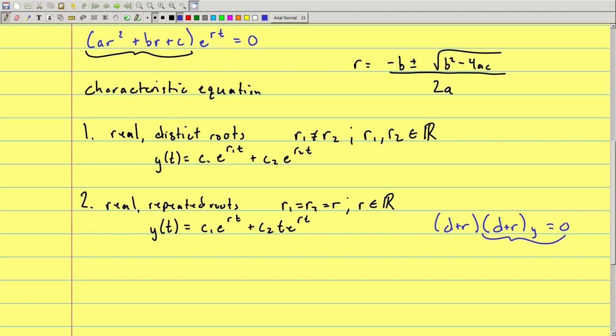After we solved that, we went through and solved the equation where we replaced this with v and then turned the right hand side into what the solution to the other equation was, in this case e to the rt.